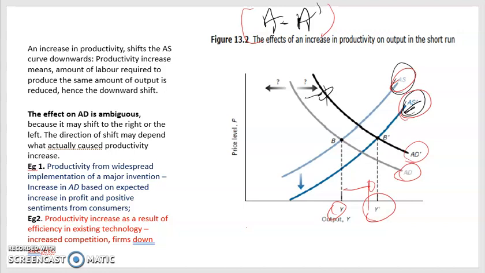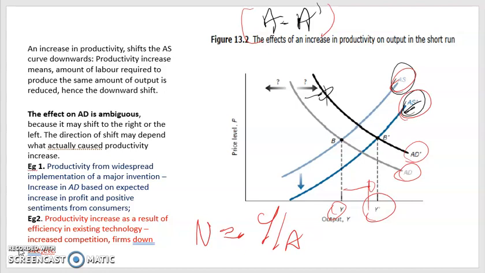What happens to employment depends on whether output increases proportionately more or less than A. This is from the relationship that labor is given by the ratio between output and productivity.